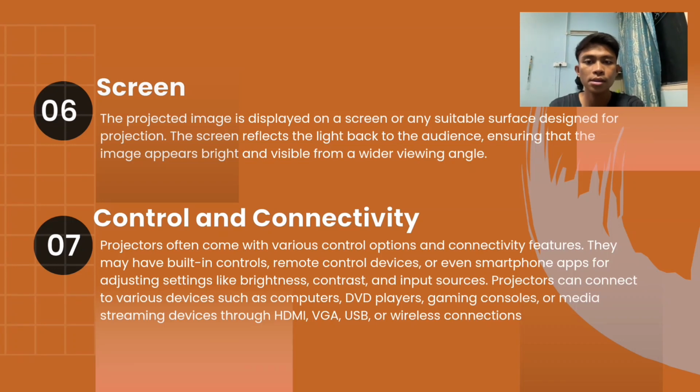Projectors often come with various control options and connectivity features. They may have built-in controls, remote controls, devices, or even a smartphone. For example, you can use the projector with various devices such as computers, DVD players, gaming consoles, or media streaming devices, through HDMI, VGA, USB, and wireless connection.